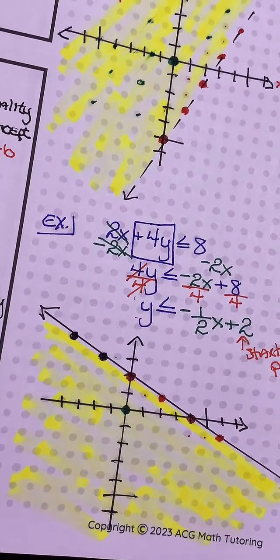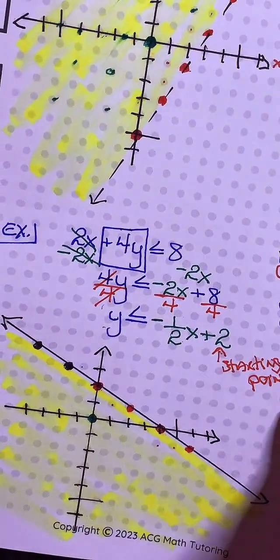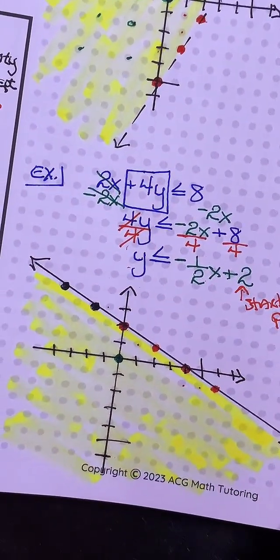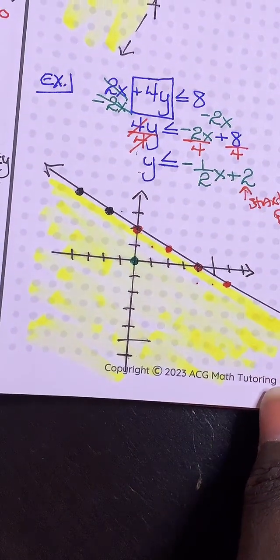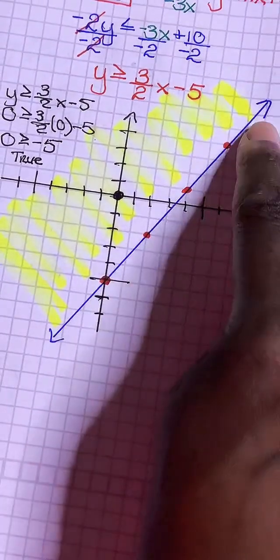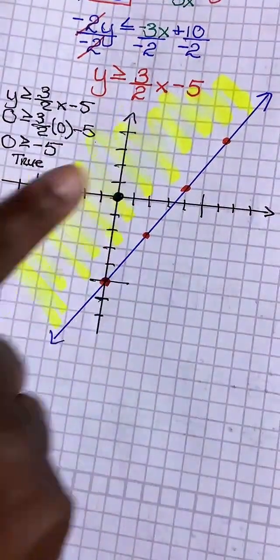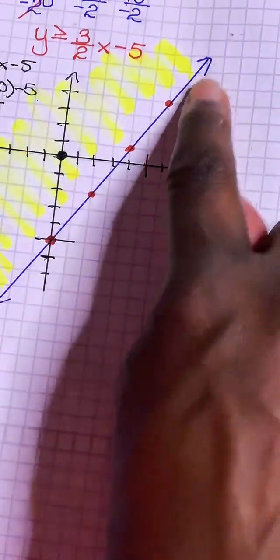To the left and bottom. So, let me see if I can get it clear on the next one. It's not based off of the axes, it's based off the line. So you either have this side of the line or this side of the line that's shaded, the line that you drew.